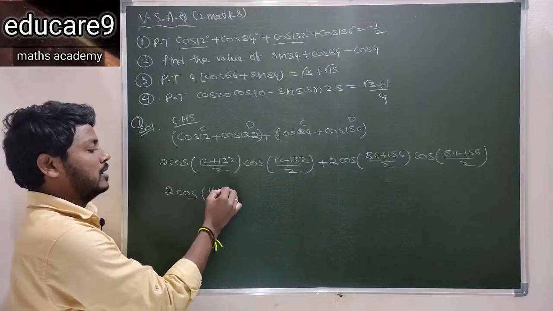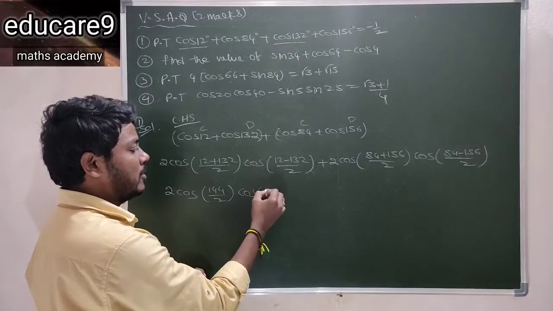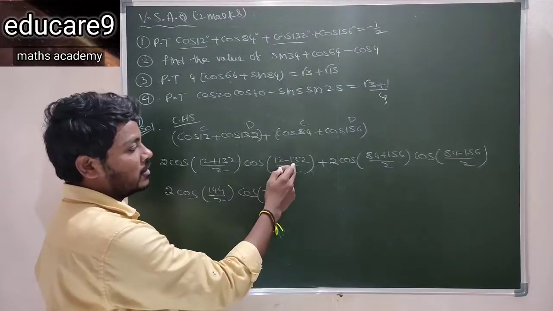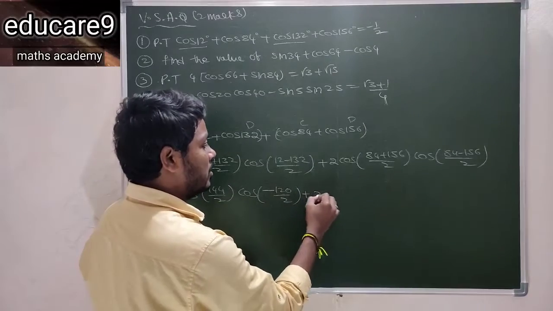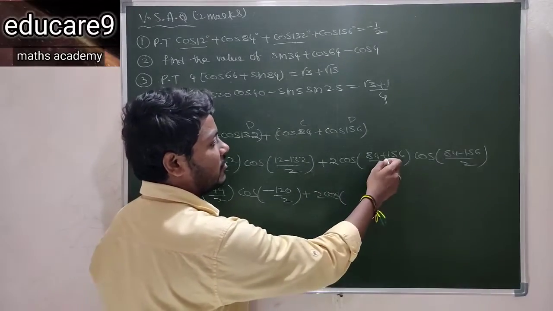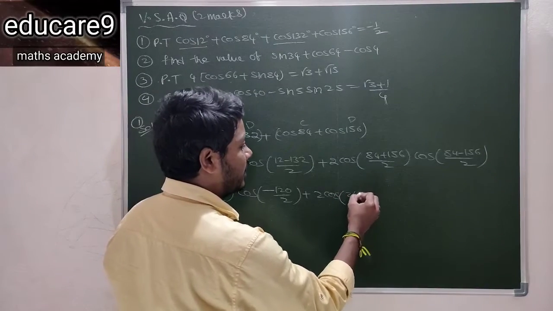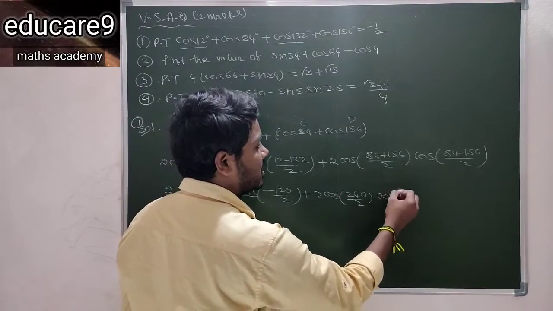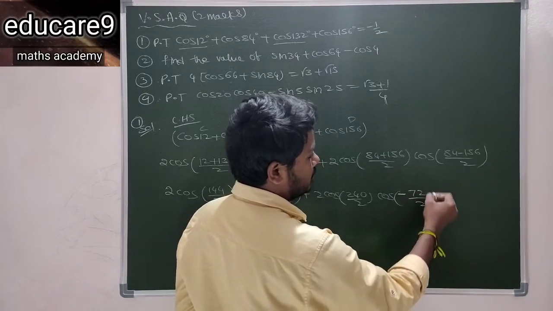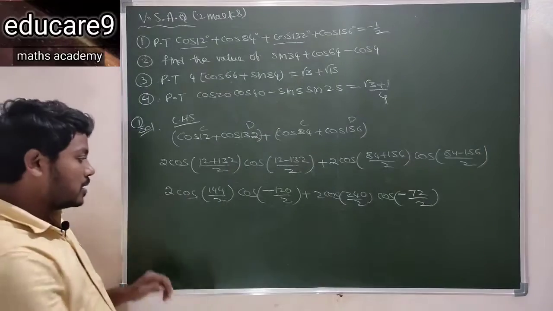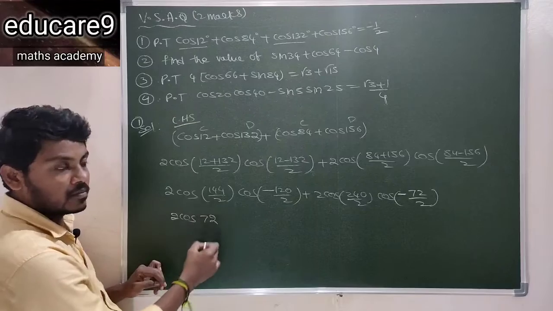144 divided by 2, and this one cos of minus 120 by 2, and this one 2 cos 156 plus 84, 240 by 2, and cos, this is minus 72 by 2. Okay, so clear, this is 2 cos 72.